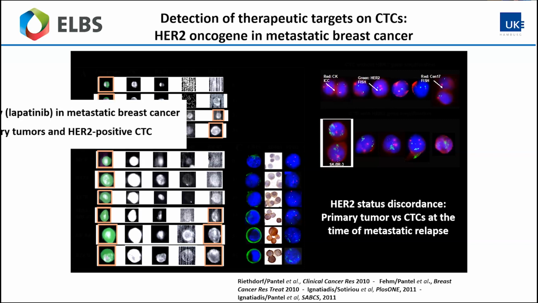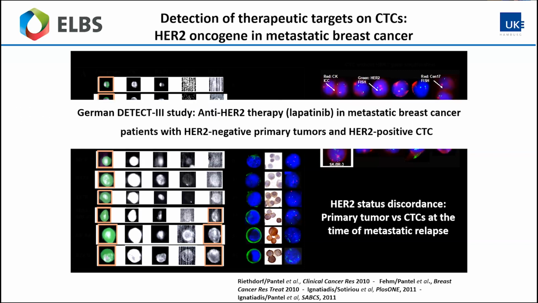So we decided years ago to do a randomized interventional trial and treat the patients that are positive for HER2 on the CTCs at the time of metastatic relapse, but were negative at the initial primary tumor time. These patients received an anti-HER2 therapy, and lapatinib was chosen for several reasons.